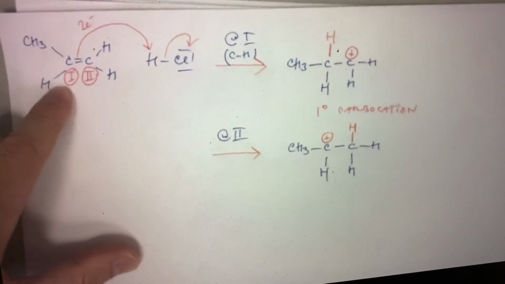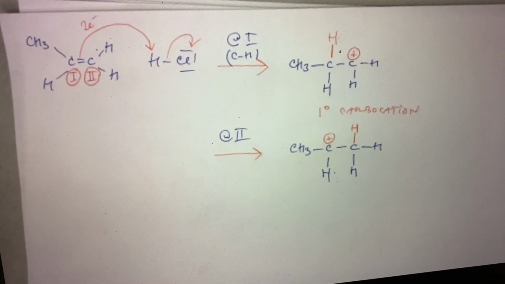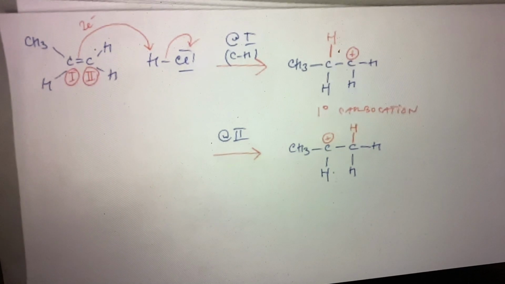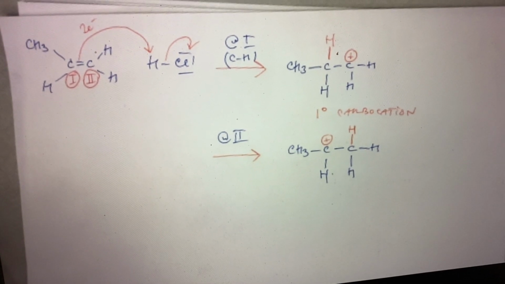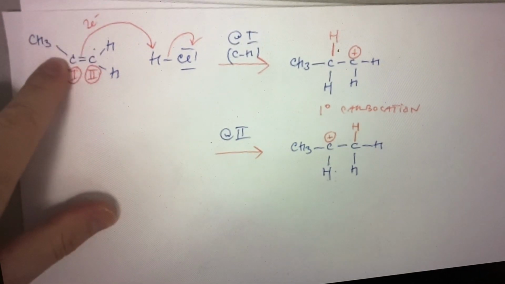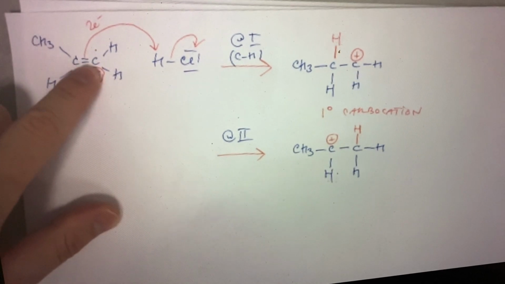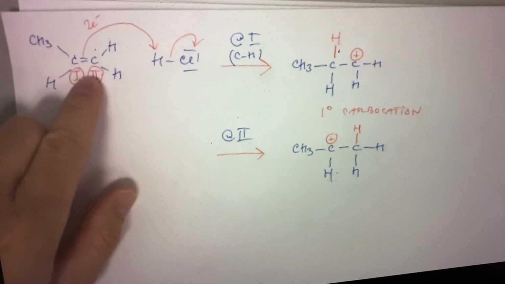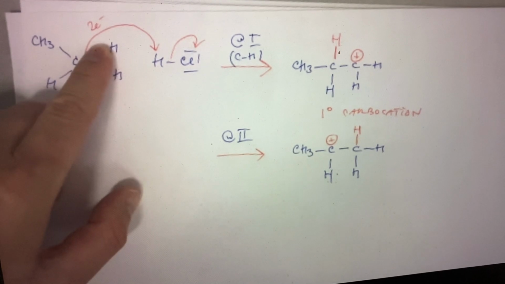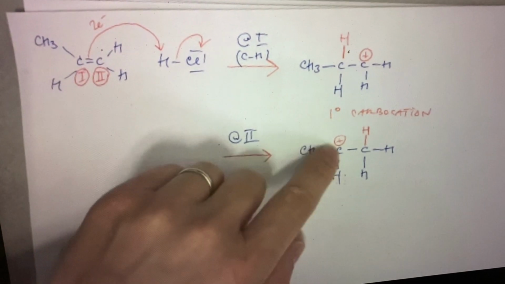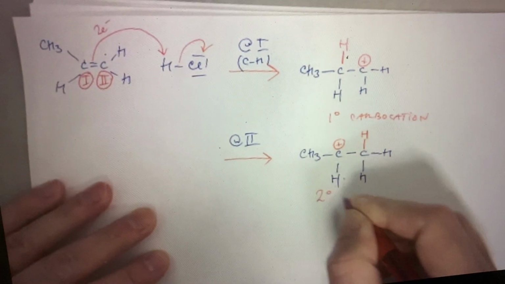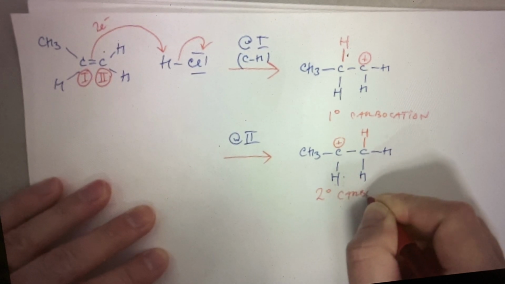So these two are very, very close to one another. We're just exploring both possibilities in this reaction. Should we form a carbon-hydrogen bond at position 1? If we do, a carbocation will be at position 2. Or should we form a carbon-hydrogen bond at position 2, and then there'll be a carbocation at position 1, and this one would be called a secondary carbocation.